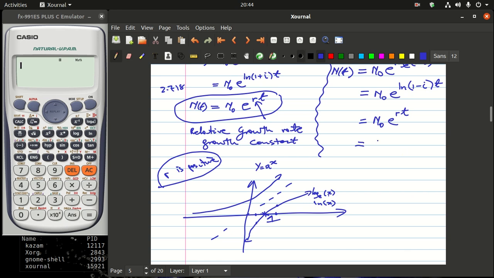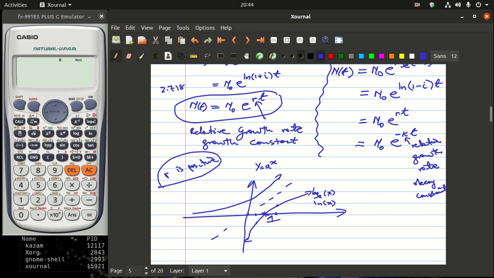This equation is always written in terms of N naught e to the minus K times T, whereby now this K is the one that is called the relative growth rate, or a decay constant. Decay constant. Because we wanted this K that we have here to be positive, remember that this is going to be a negative value here, right? It's a negative value.